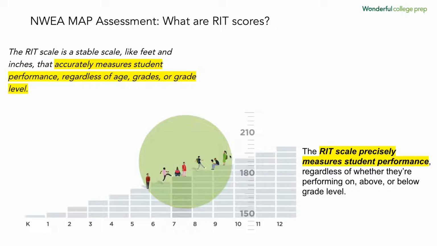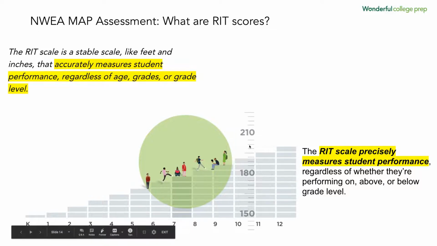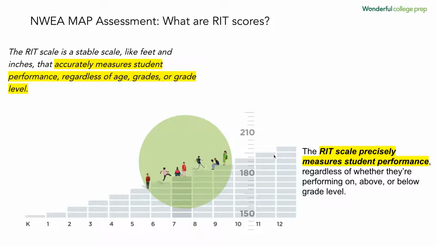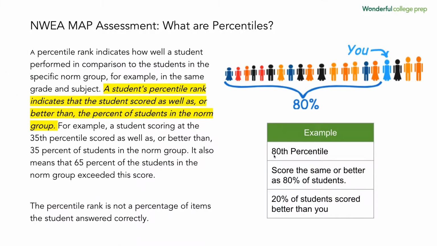And then all the way over here, we have a 9th grader who is above the 180 mark. But their scale is all the same, okay? But the idea is that there should be more students above this line if they are doing well on those.